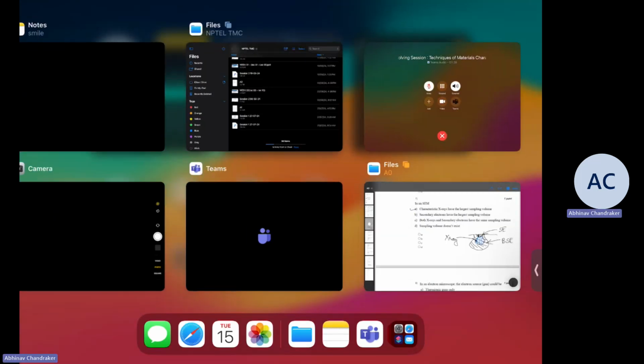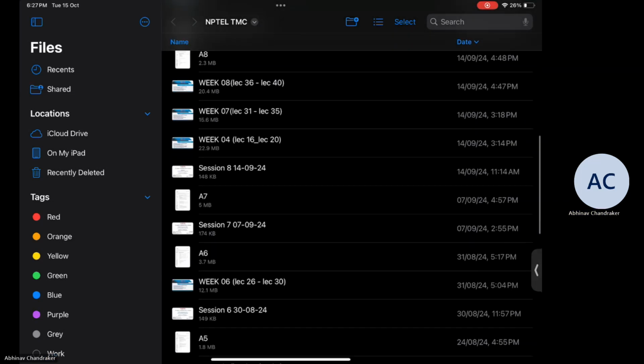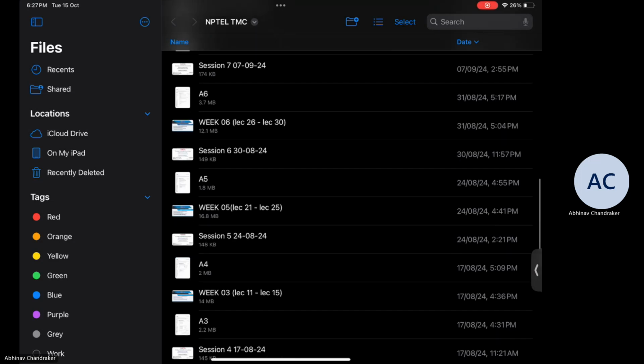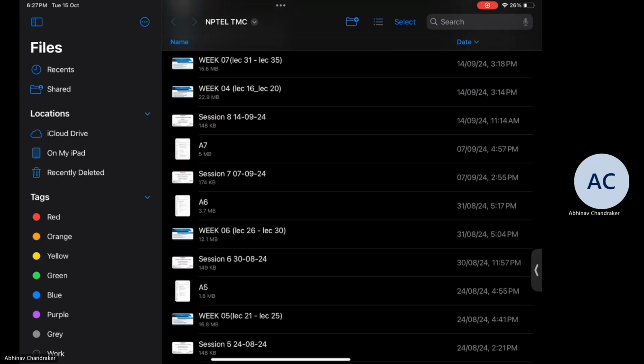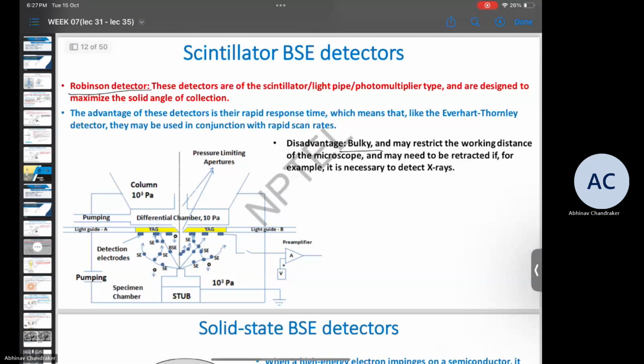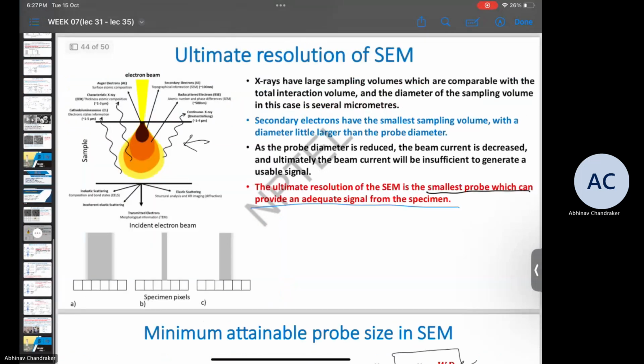Let me just check the exact order. Okay, I had the secondary electron has the smallest sampling volume, as can be seen here.